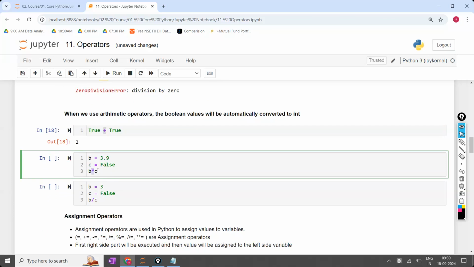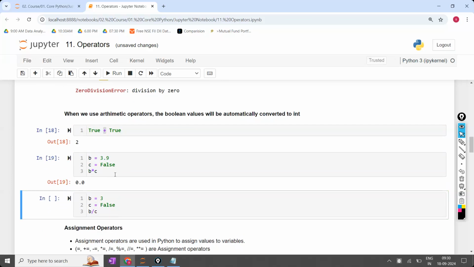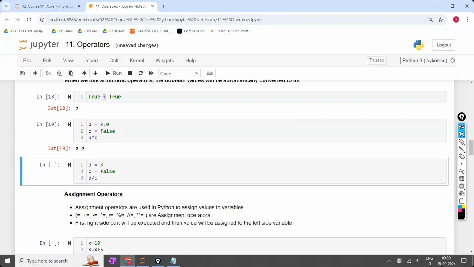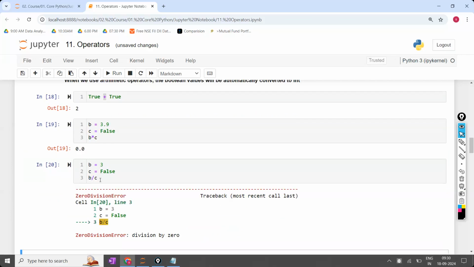Whenever there is an arithmetic operator, automatically the Boolean will be converted to int and you are going to get the output as 0. Next, 3 by False. That is 3 divided by 0. What is the answer of 3 divided by 0? ZeroDivisionError. It will not give infinite, ZeroDivisionError.